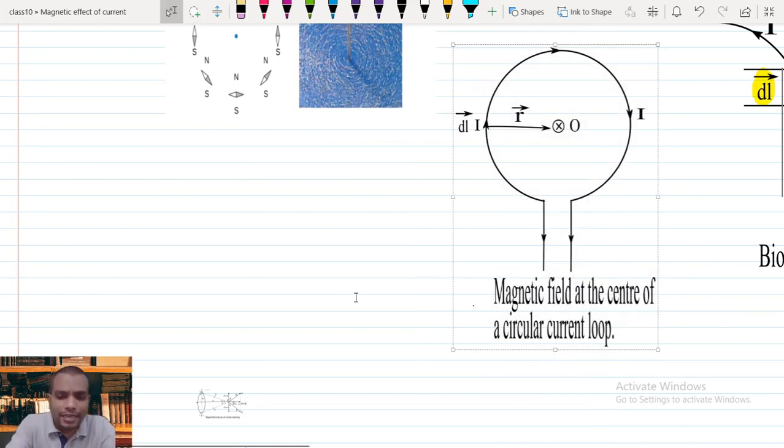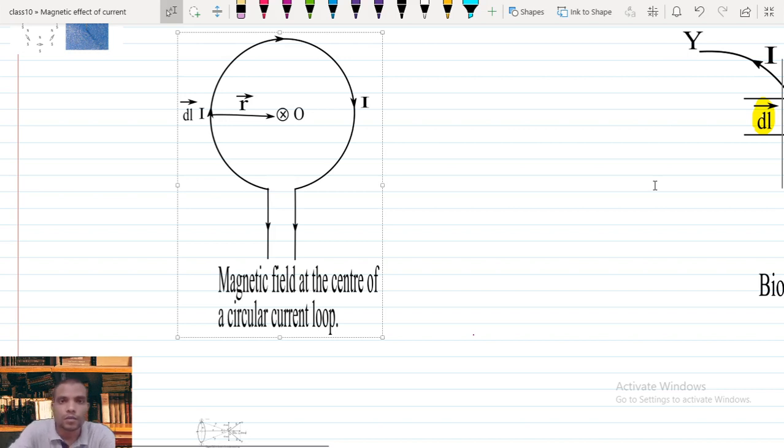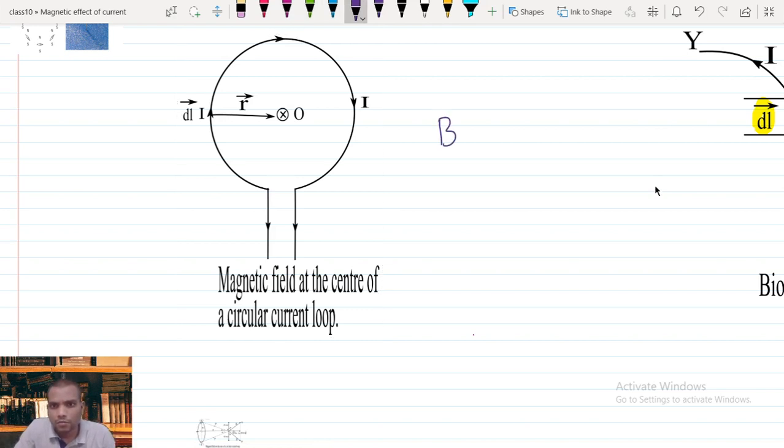You can write that expression as the magnetic field at the center of the loop: B equal to mu naught I upon 2r. Here r is the radius of the loop and I is the amount of current flowing in the wire. This we derived by using Biot-Savart's law.